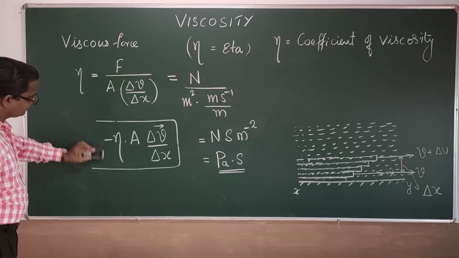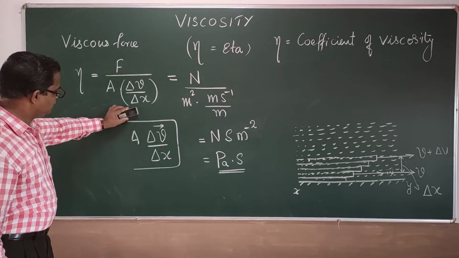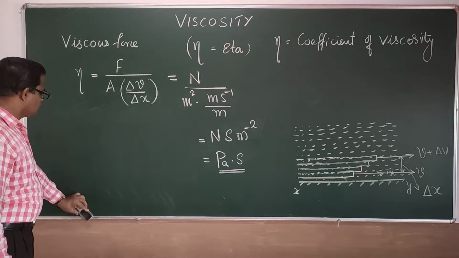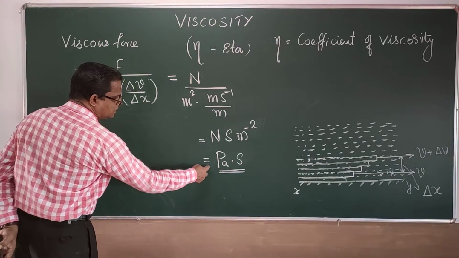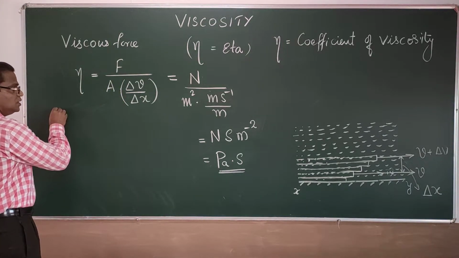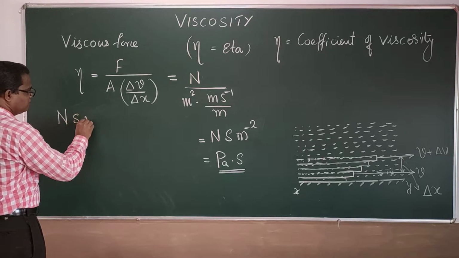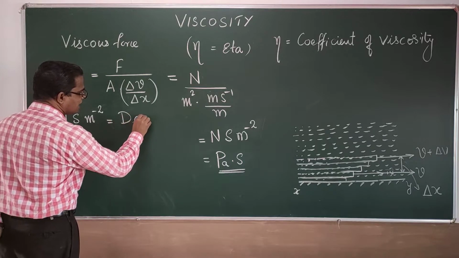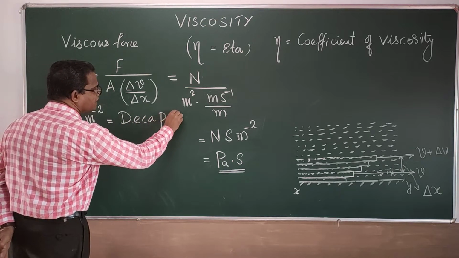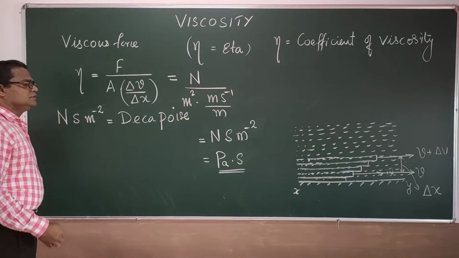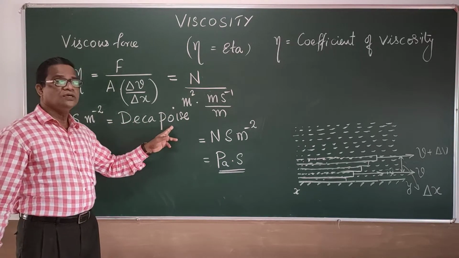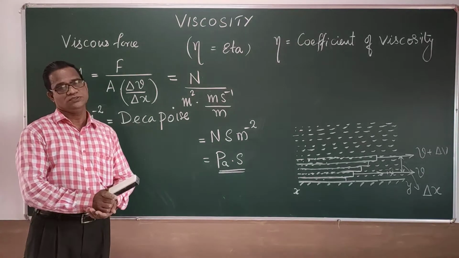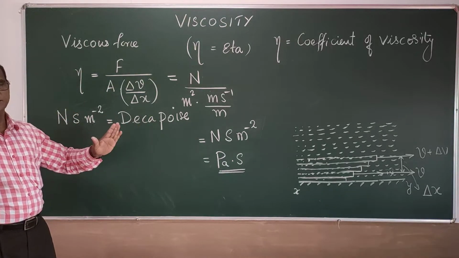Now, this unit, that is Newton second meter minus 2, is called decapoise. Poise is named after the scientist Poiseuille, so decapoise means 10 times poise. That's the meaning of decapoise.